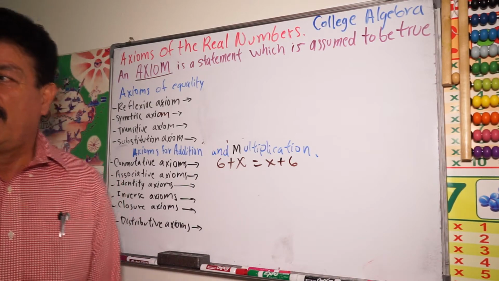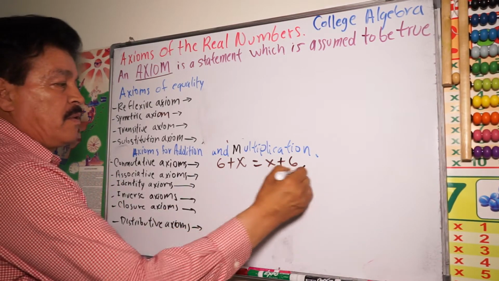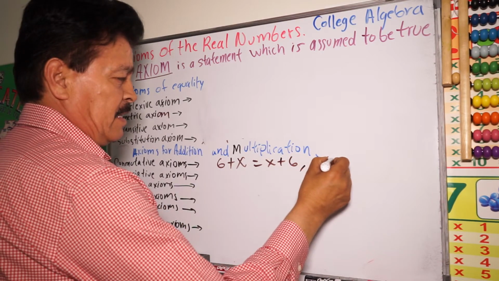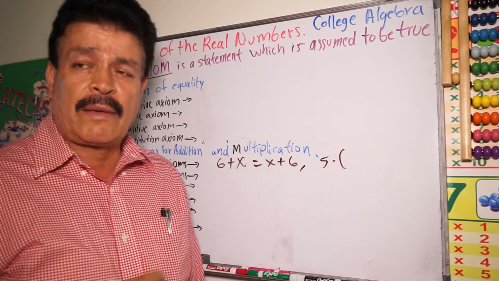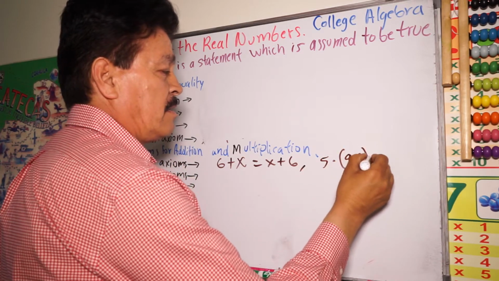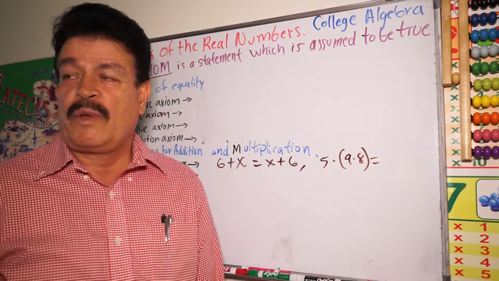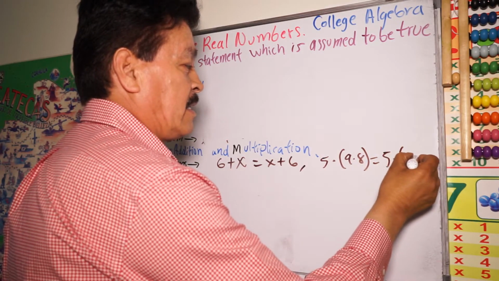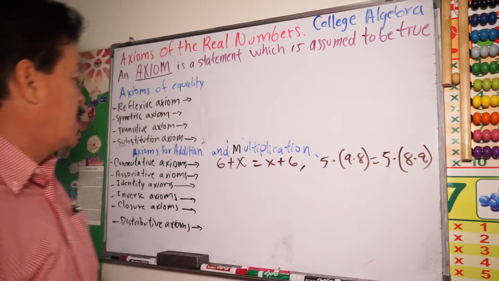That's commutative. Another example: 5 times 9 times 8 is going to equal 5 times 8 times 9.